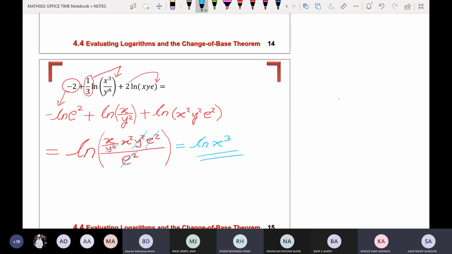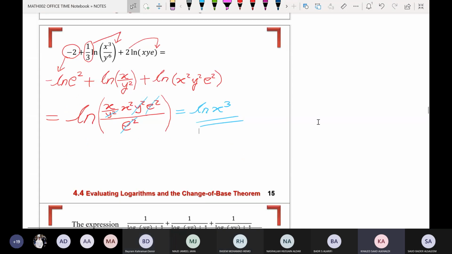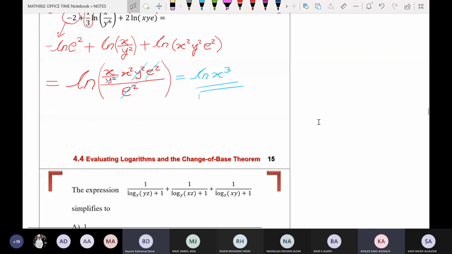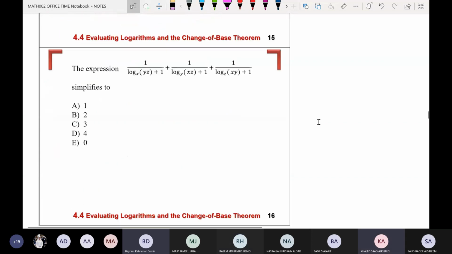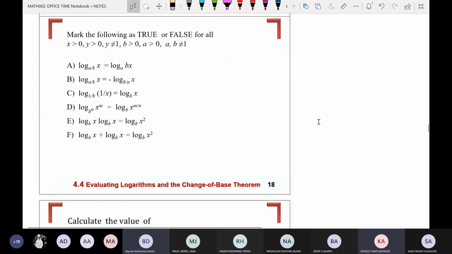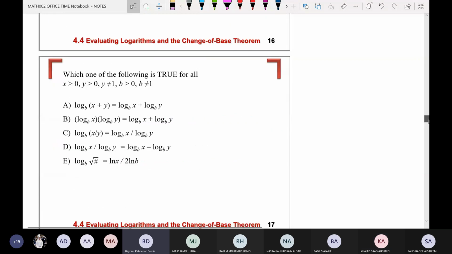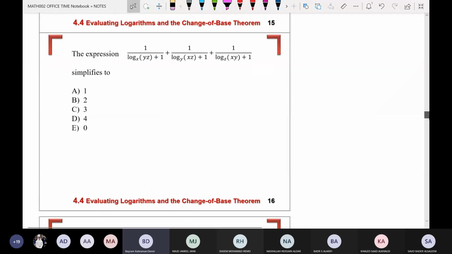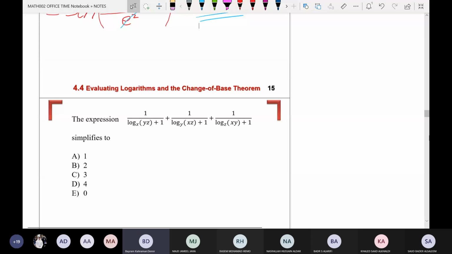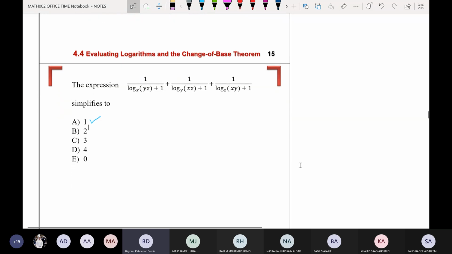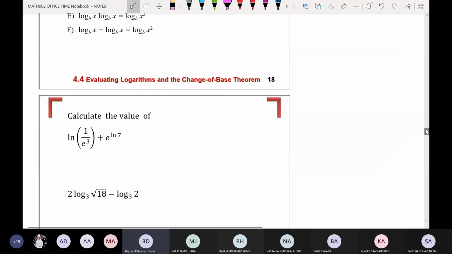Did I finish the time? Yes, it's 51. Let me mark some of the correct answers, so you can practice. The correct answer is 1, I guess. If I am wrong, just look at it.